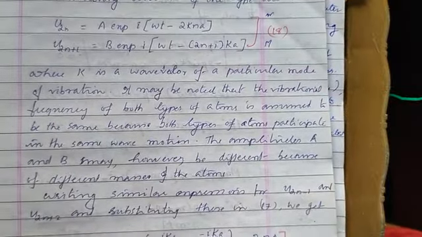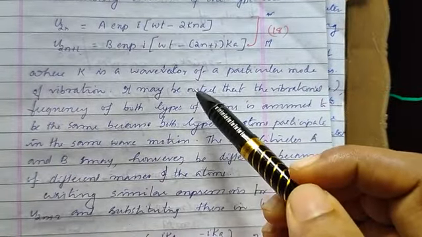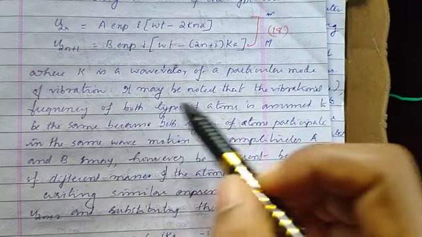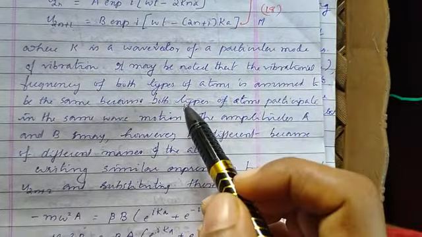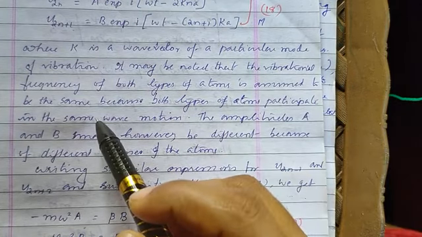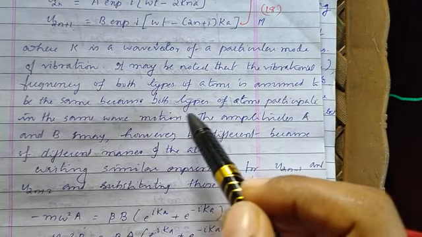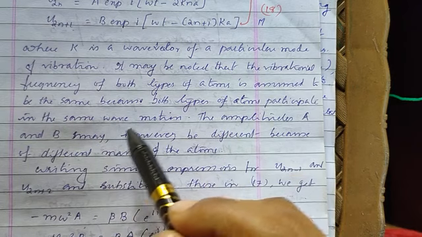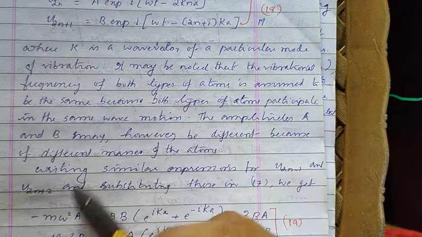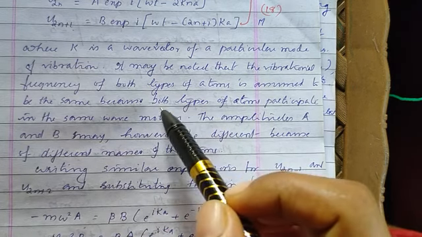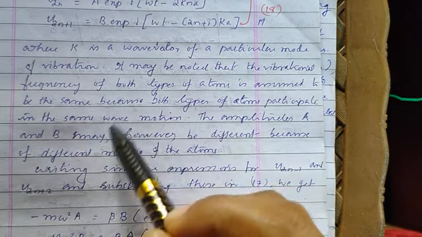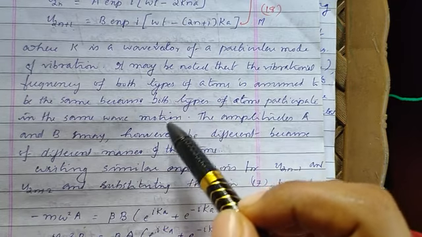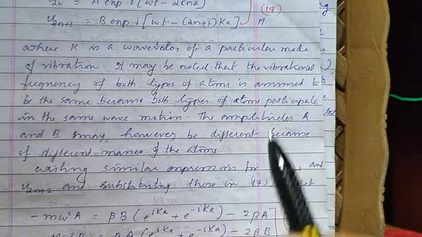Here K is the wave vector of a particular mode of vibration. It may be noted that the vibrational frequency of both types of atoms is assumed to be the same because both types of atoms participate in the same wave motion.